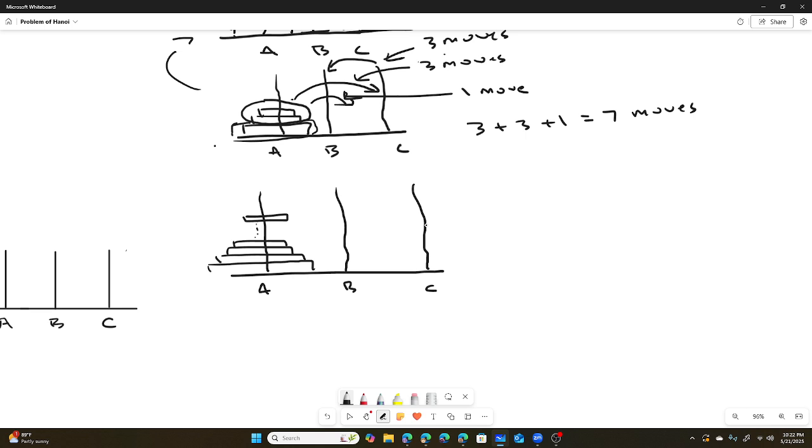Suppose n is the number of disks in pin A, and this function of n tells you how many moves it takes to move from A to C, right?